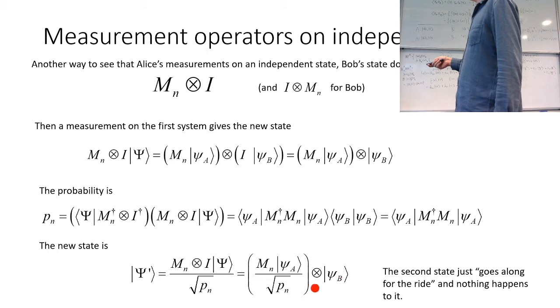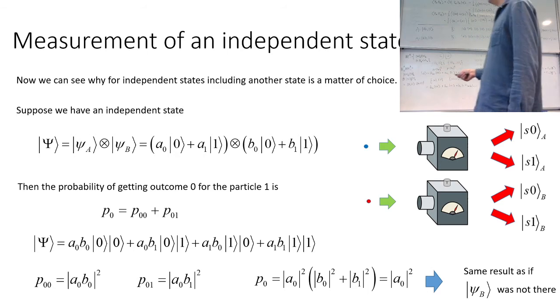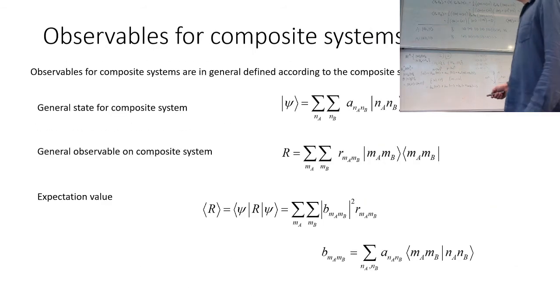So that's just the same. Basically that's the case if you don't have a measurement box here. You only have the measurement box for Alice.